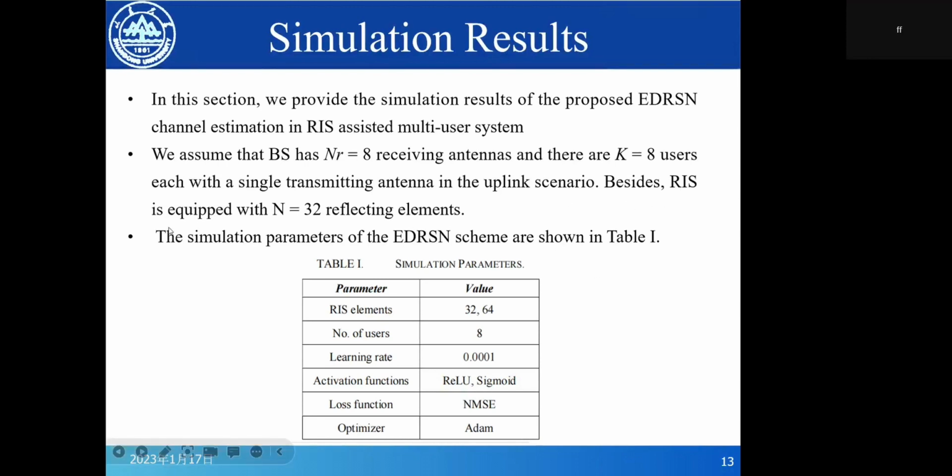Besides, the RIS is equipped with N equal 32 reflecting elements, and the simulation parameters of the EDRSN scheme are shown in Table 1. So we can see the RIS elements and the number of our users. This is how we set the learning rate, the activation functions, loss functions, and optimizer.